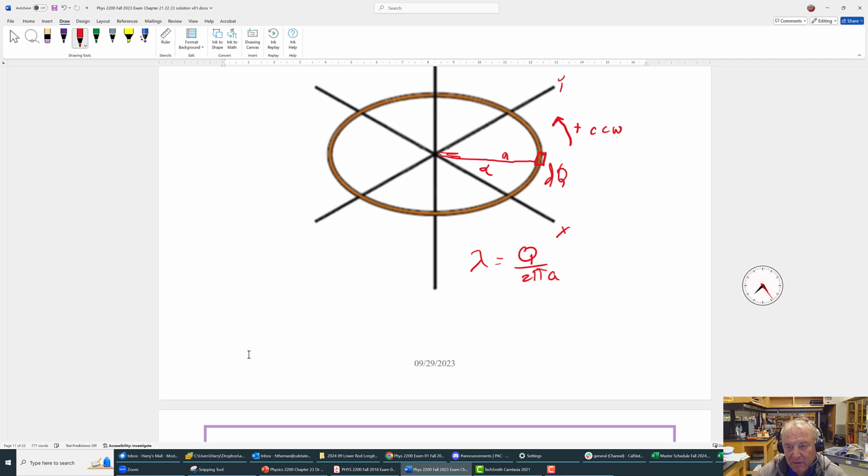Then, just as before, if I have a d alpha, d alpha times A is going to be the length of dQ, and then we'll multiply that by lambda to get dQ.